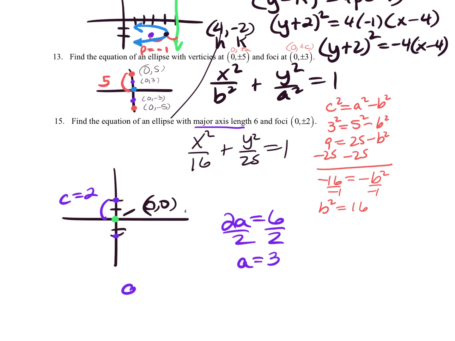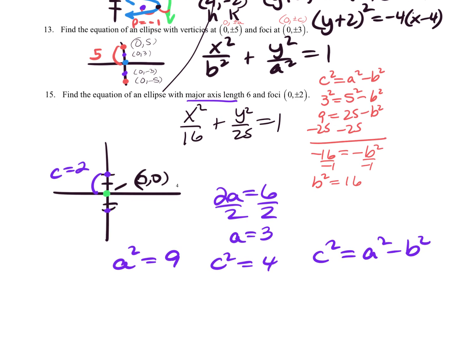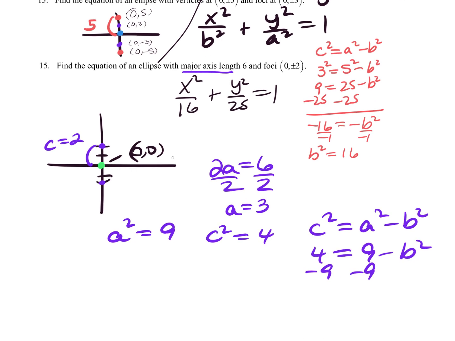So a squared is equal to 3 squared, c squared is 2 squared, and now to find b squared, I'm going to do c squared equals a squared minus b squared. So I'll fill in what they've given me. I'm going to subtract. -5 equals -b squared, divide, and b squared equals 5.